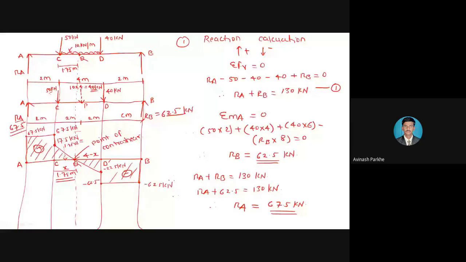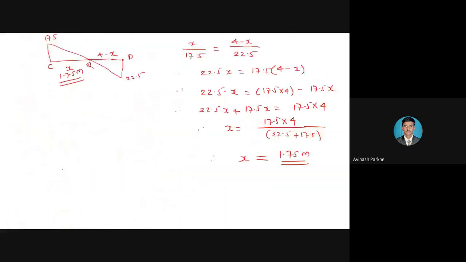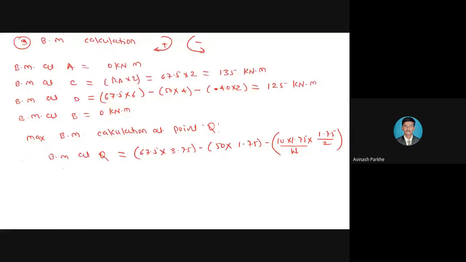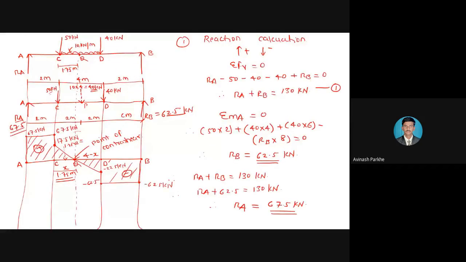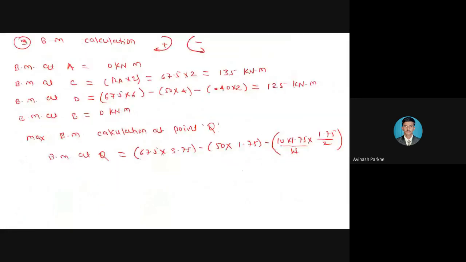So what will be the answer? 1.75 divided by 2 is 0.875, which is 0.875 from point C and 0.875 from point Q. So here I have written minus 10 into 1.75, which means your total W, the UDL converted into the point load, multiplied by 1.75 divided by 2. म्हणजे distance मध्ये आपण काय केलं?